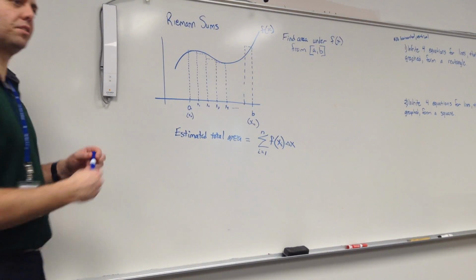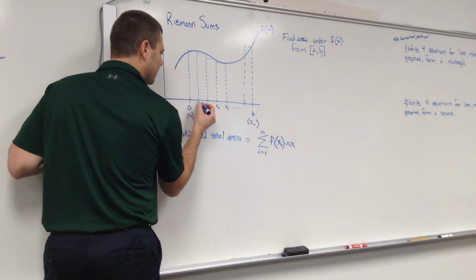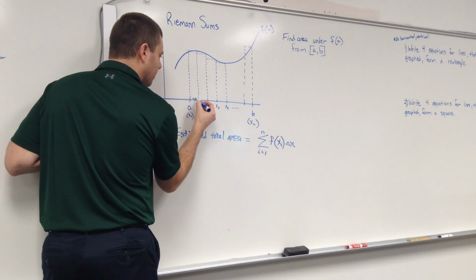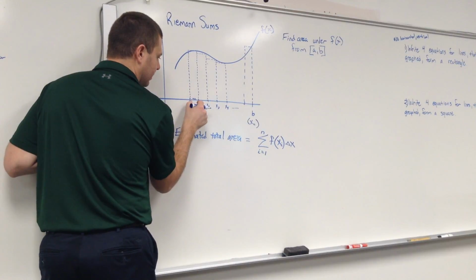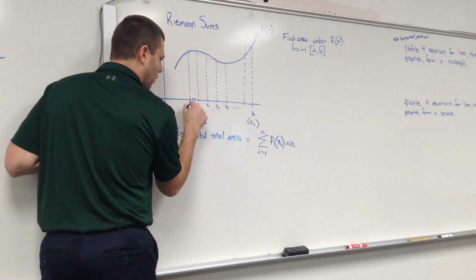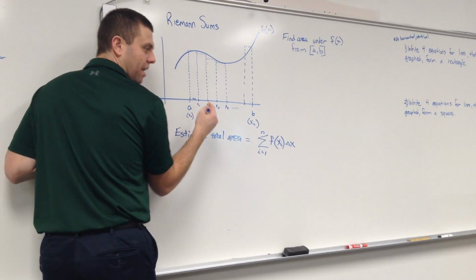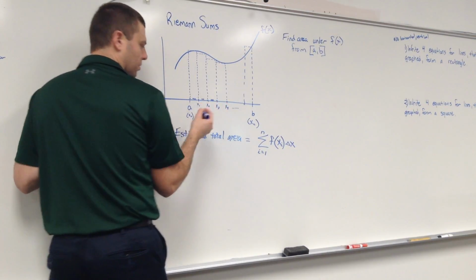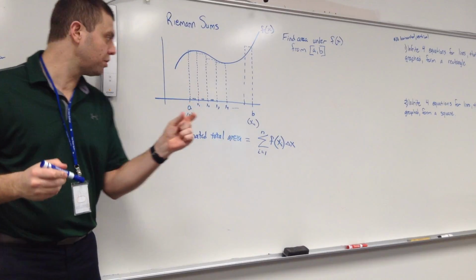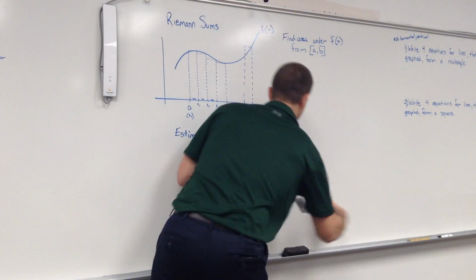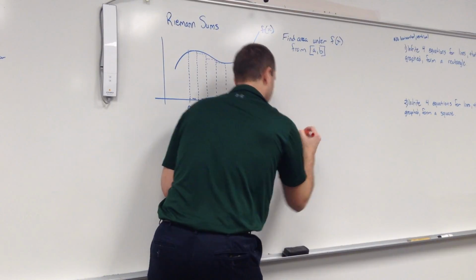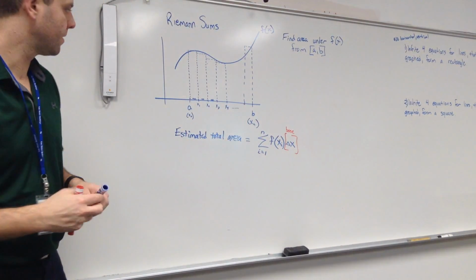Delta x would be the base of every single rectangle, the change in x. How far x changes as I go from this x value to that x value. So each one of these would be delta x. This is in a sense our base of each rectangle.